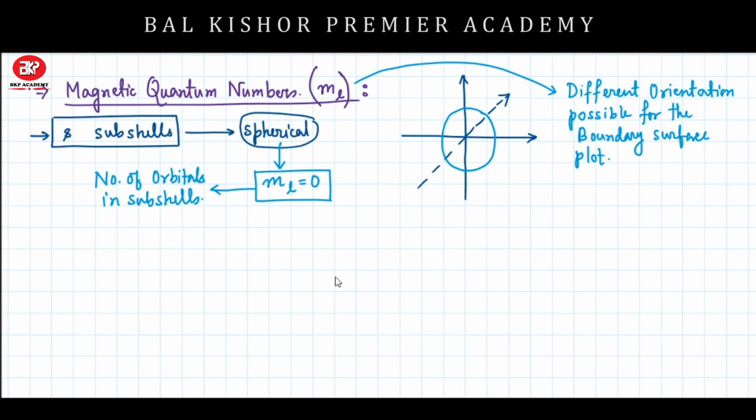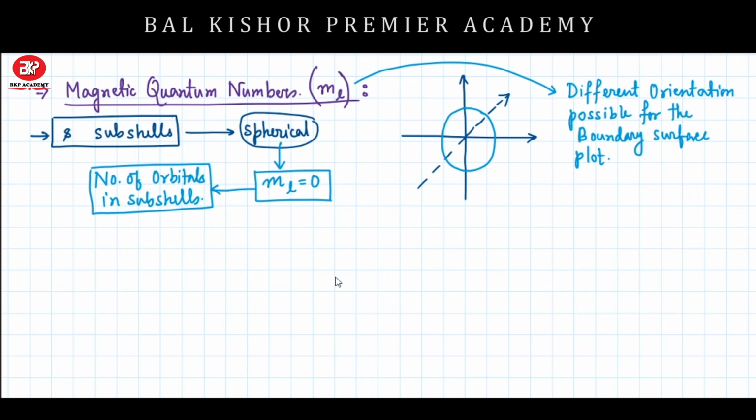We already know that the s subshell contains only one orbital. That's why the ml value is 0. Originally, it comes from the fact that the spherical boundary surface plot has only one type of orientation for the s subshell.